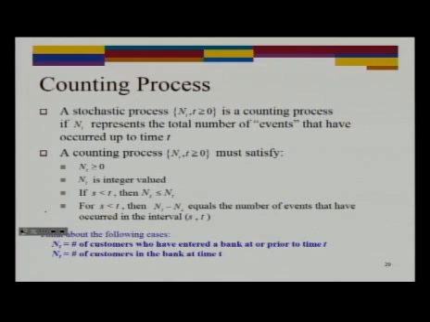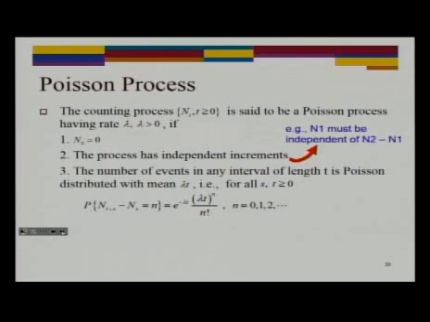Why is that? Because in that case, the number of customers could decrease after a certain period of time. So this violates condition number 3. Does that make sense? So there is a slight difference in how you define the variable.